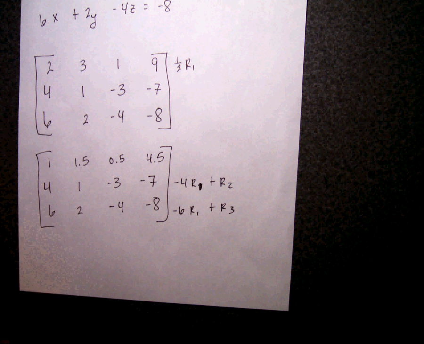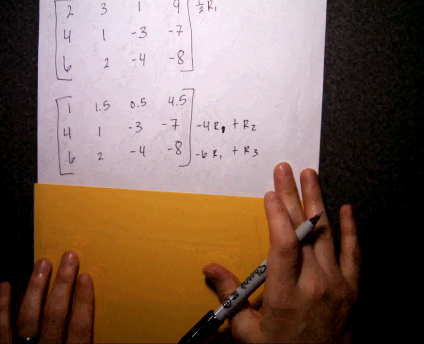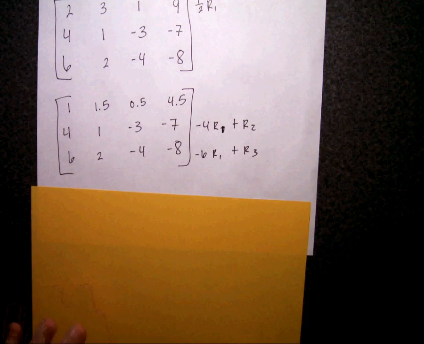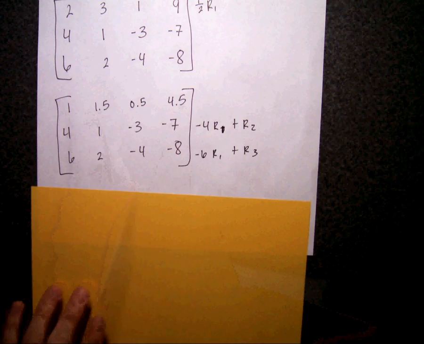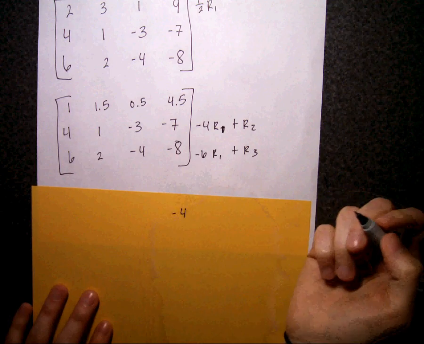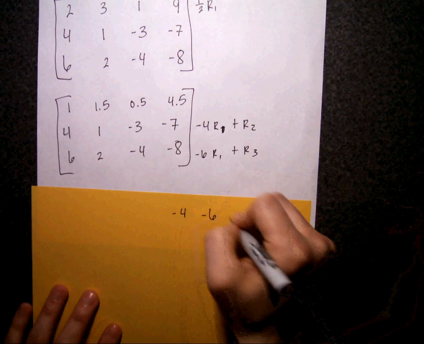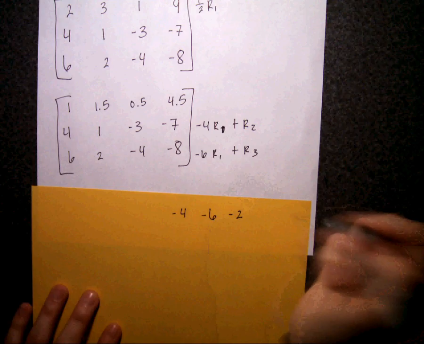So let's come out here. Just to keep everything in line, if I multiply this top row by -4, I'm going to get -4. What is 3/2 times -4? -6, -2, and -18 when I multiply by -4.